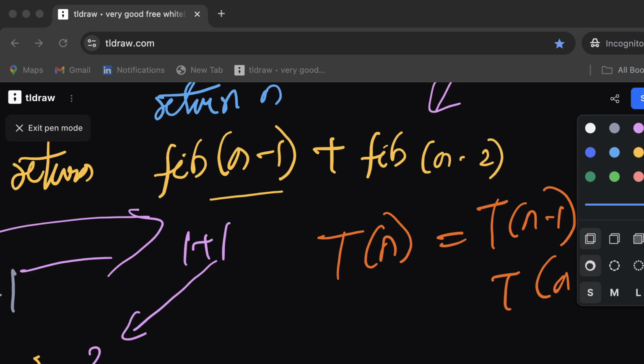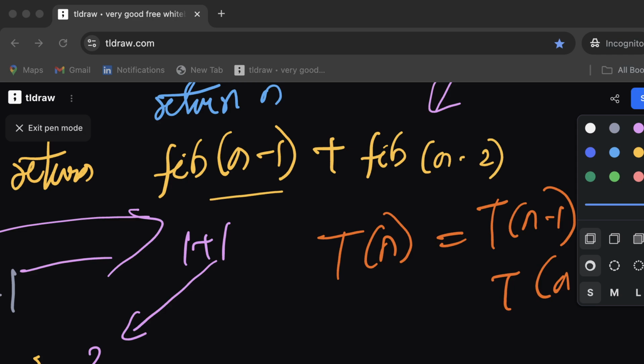So the way it is going to happen is for each call I'm going to do two successive recursive calls, right? Like for each function I need two calls. So then the complexity comes to 2 power n.